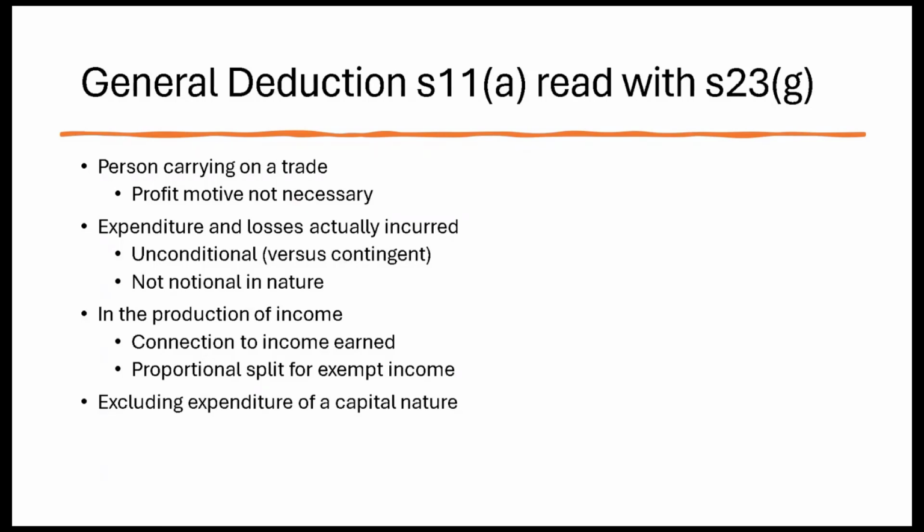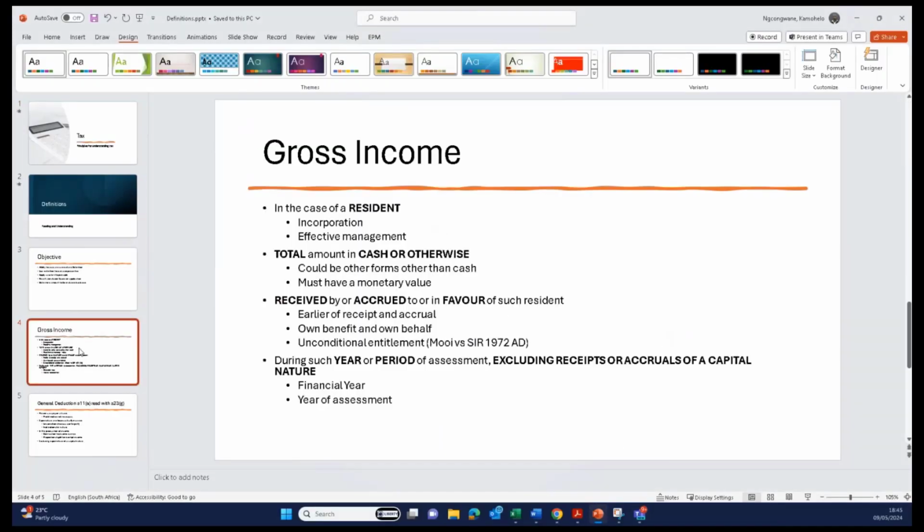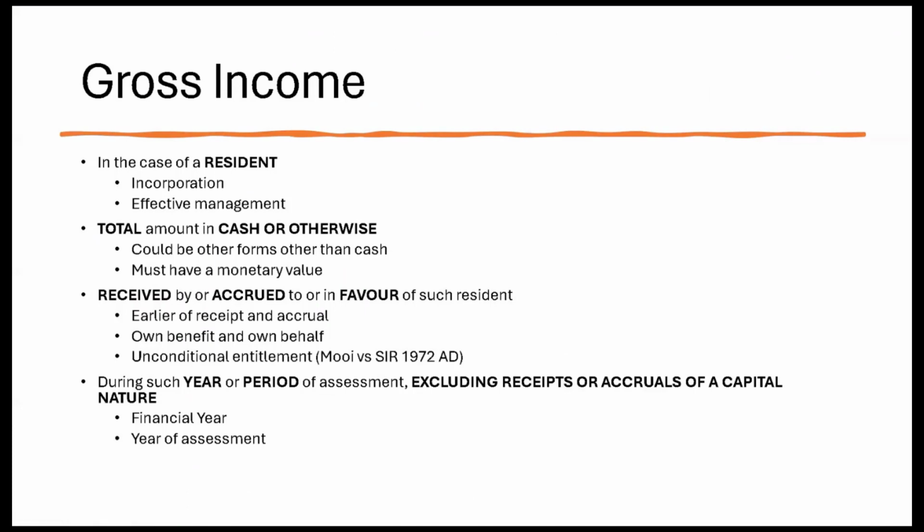Then it goes on to say you can deduct expenditure and losses actually incurred. In the gross income definition, there are amounts received or accrued. If I go back to the gross income definition, it's cash or otherwise, and I said notional amounts are excluded.